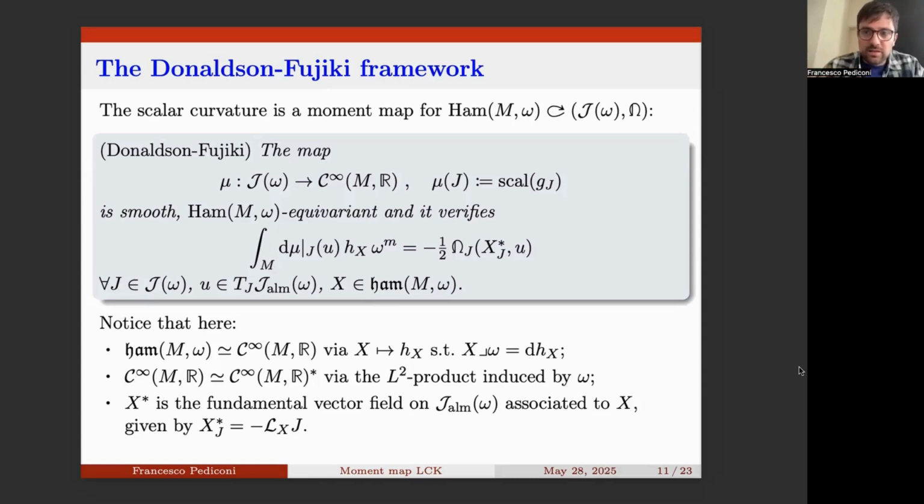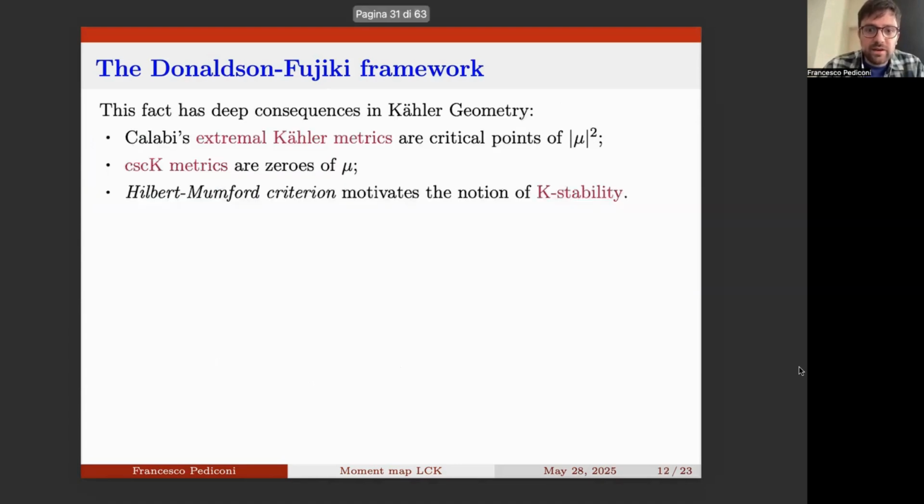So this is really, at least formally, a moment map equation for the Hamiltonian action on the space of complex structures, and it has very important consequences in Kähler geometry.